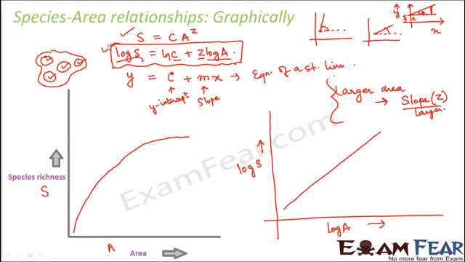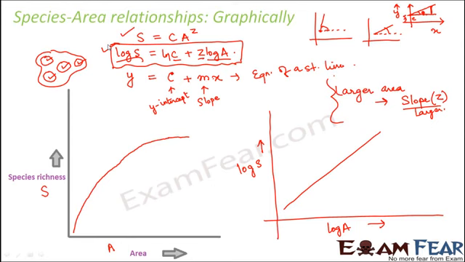It is not always very easy to go to a particular region and investigate the area and all the living organisms and then calculate the number of species in that area. So if you want to get some idea about the number of species, if you know the area, you can make use of this equation and get a rough estimate of the number of species in that particular area.